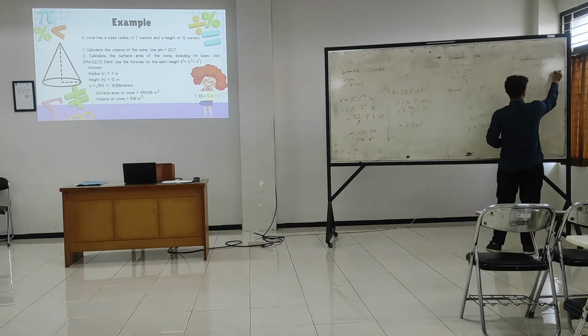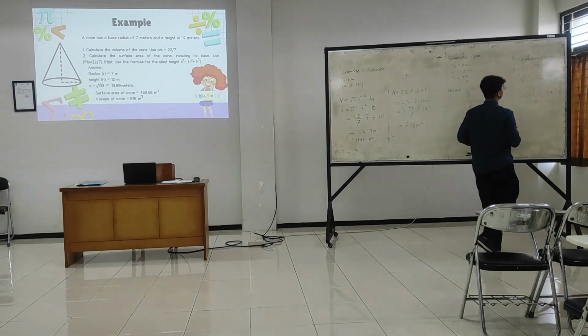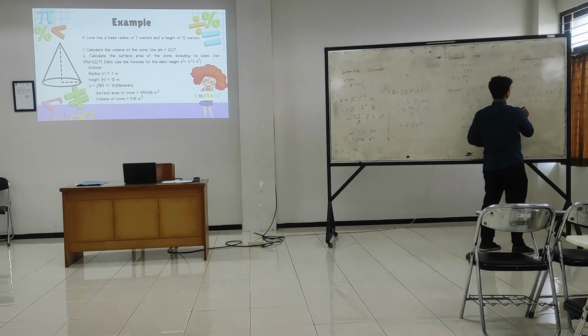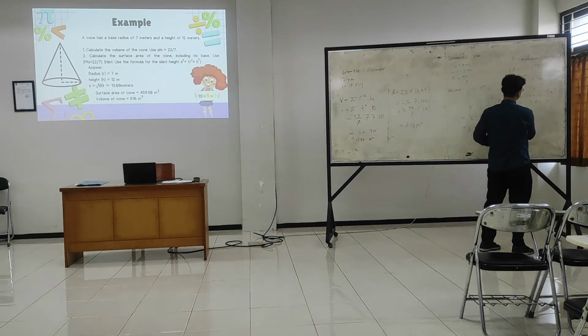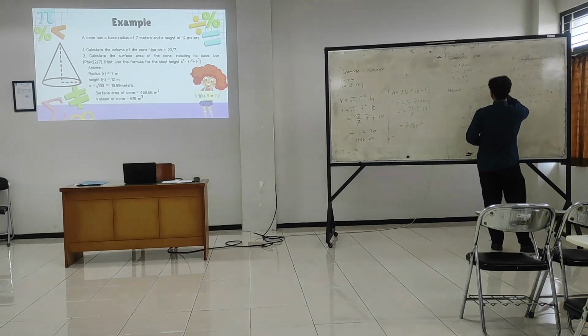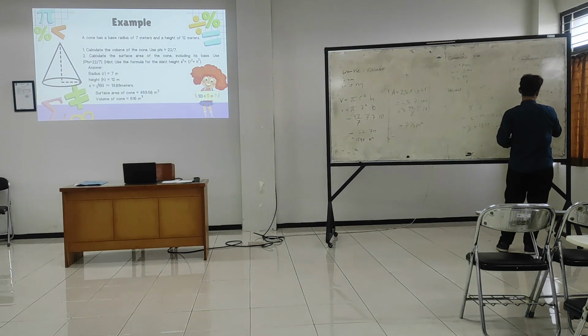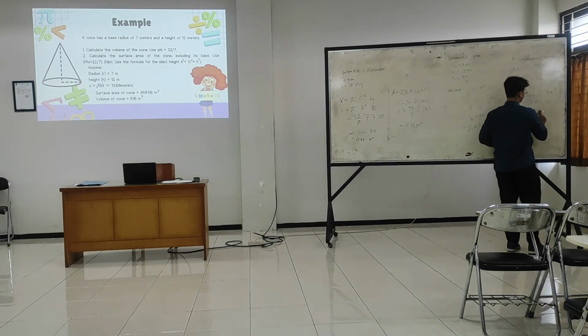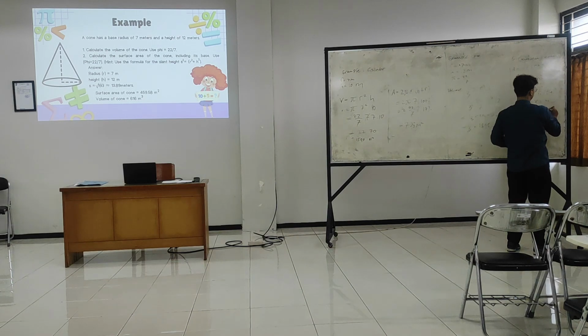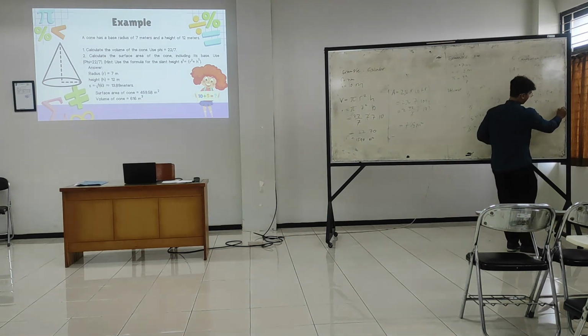So the formula is A equals pi r times r plus S. Pi is 22 divided by 7, and then r is 7, multiplied by 7 plus 13.89.